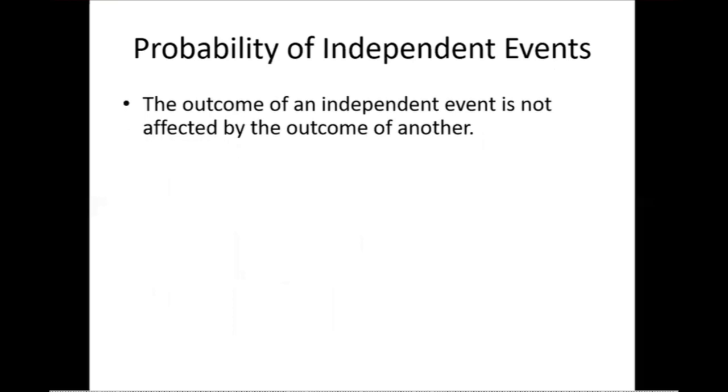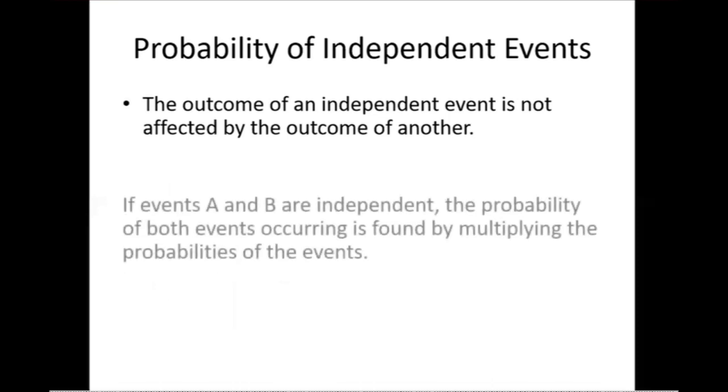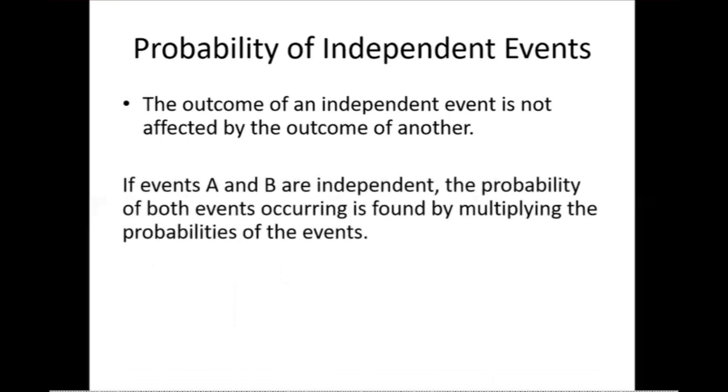The outcome of an independent event is not affected by the outcome of another. If events A and B are independent, the probability of both events occurring is found by multiplying the probabilities of each event. For example, the probability of A and B, since independent naman yung dalawang event natin, ang gagawin lang natin operation ay multiply.